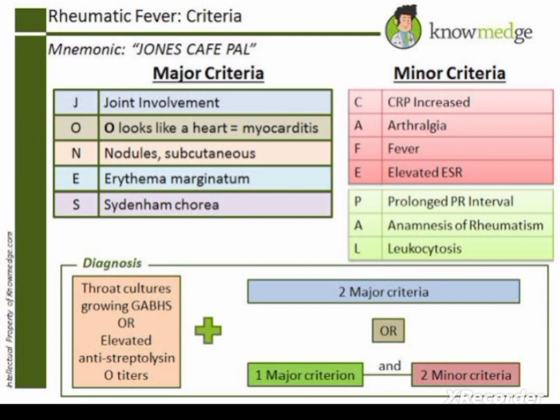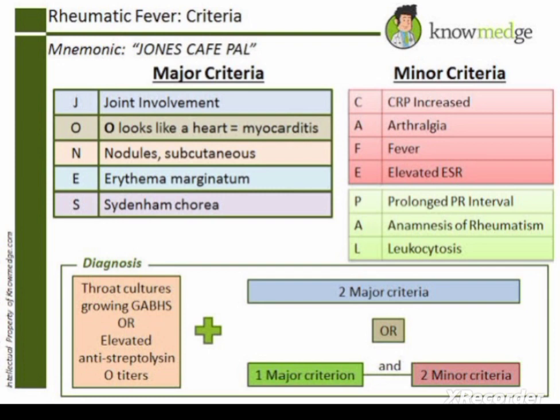The appearance will be bright pink, non-pruritic, map-like macular lesions occurring mainly on the trunk and proximal extremities, and they may be exacerbated by heat or a warm bath. So that is erythema marginatum.